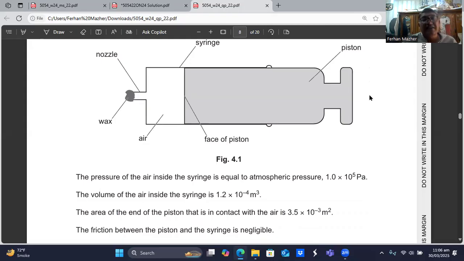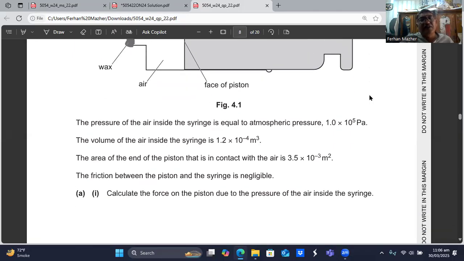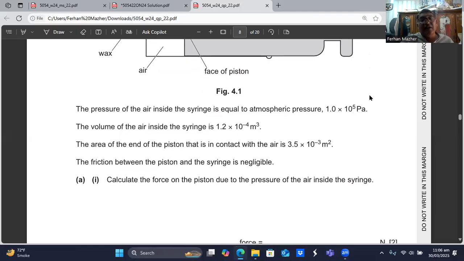The volume of the air inside the syringe is 1.2 × 10^-4 m³. The area of the end of the piston that is in contact with the air is 3.5 × 10^-3 m². The friction between the piston and the syringe is negligible.